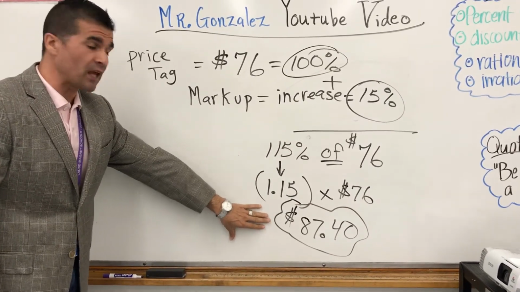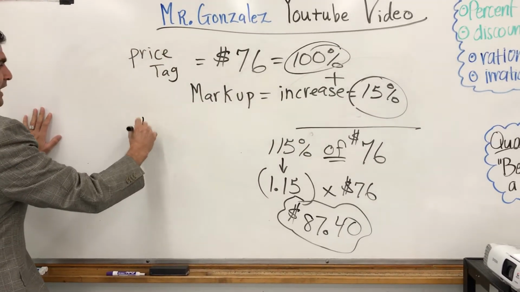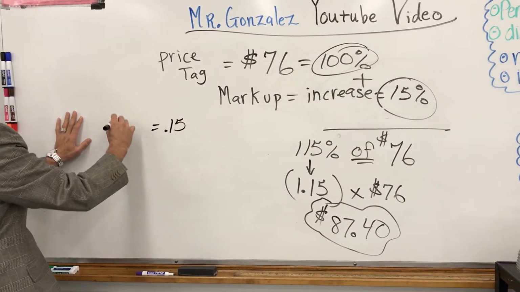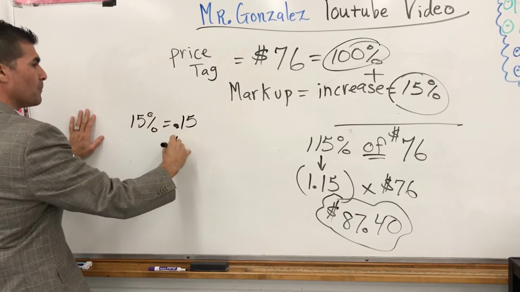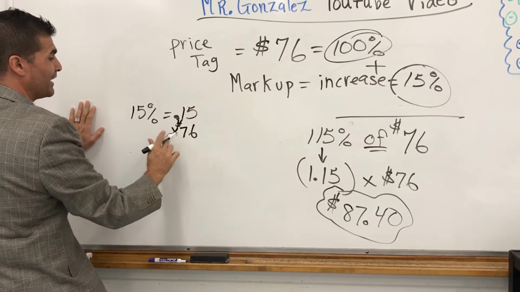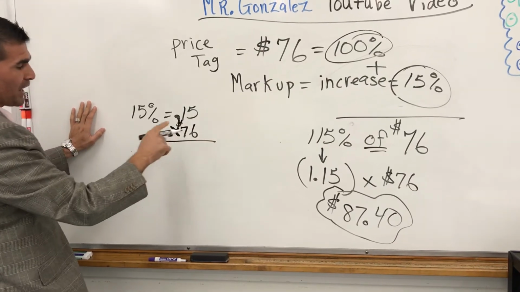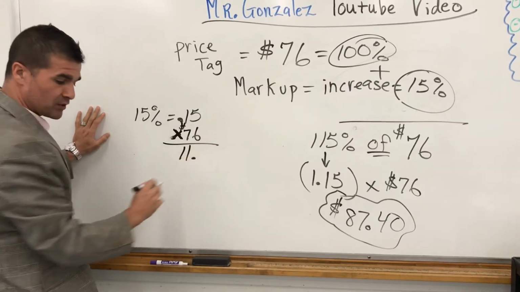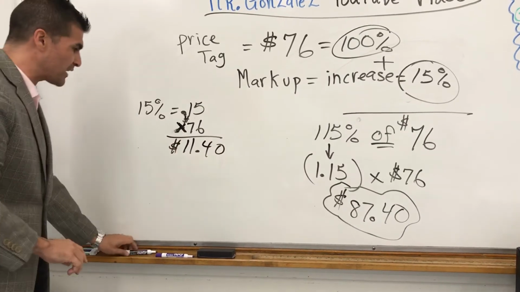Now, here's what you don't have to do. A lot of you guys will take the 15% and say 15% is equal to 0.15. I'm going to multiply that by $76. And when I multiply this, it's going to give me $11.40 exactly. But here's what you have to go back and do.